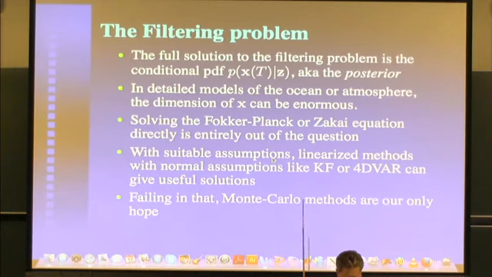About 20 years ago, some colleagues and I solved the Zakai equation in 44 state dimensions. It took us a month on a ring of about 10 computers. Now, that was 20 years ago. We could probably do a problem like this, maybe in a couple of thousand state variables for the full Fokker-Planck equation.